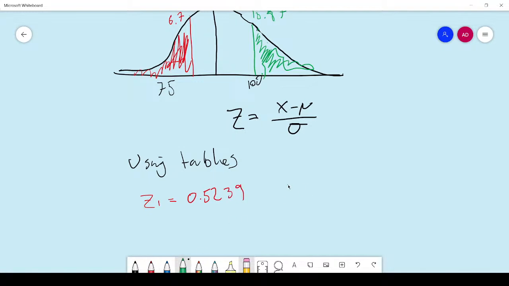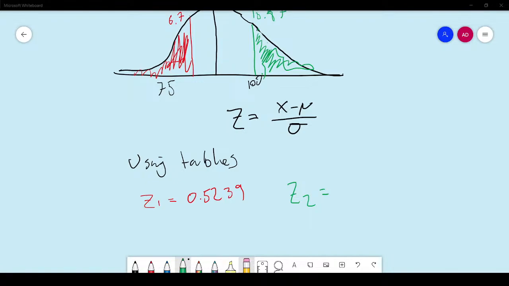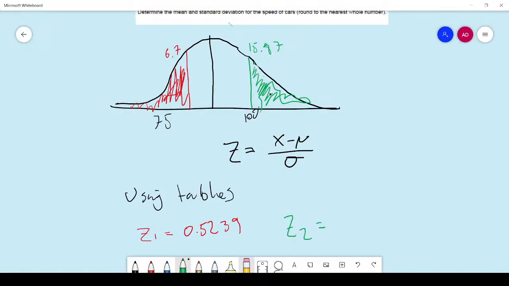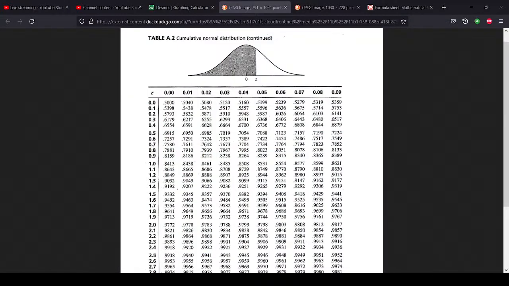Yeah, and then Z2 in green, again using the tables, I think we'll have to do a 1 minus here. So this is the probability in green here, but using the tables, we go from left to right. So the complement of that would be 100 minus this, which is 84.23. So we'd find 0.8423 on the Z tables.